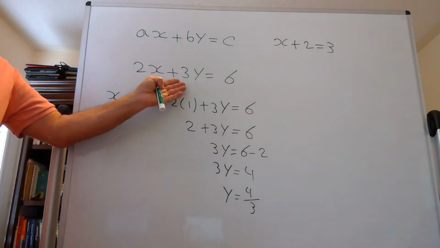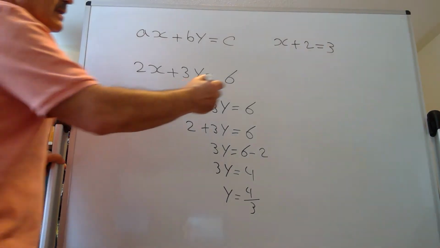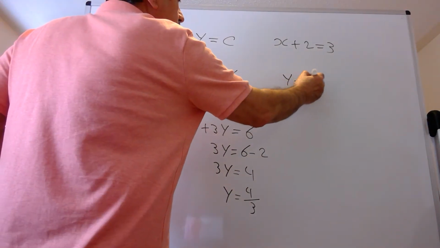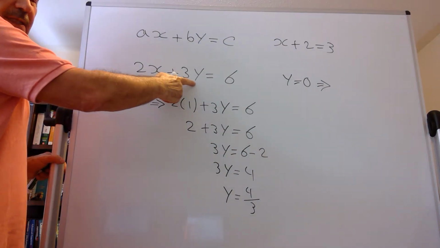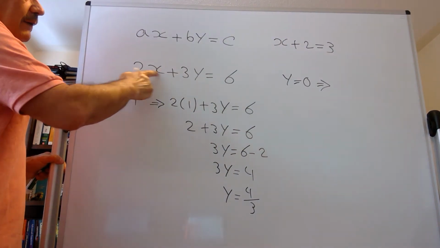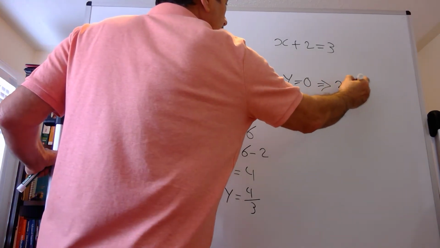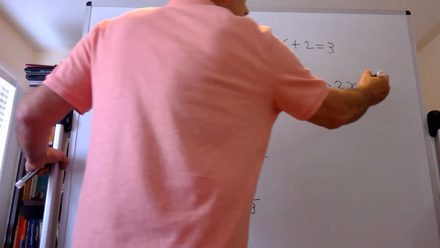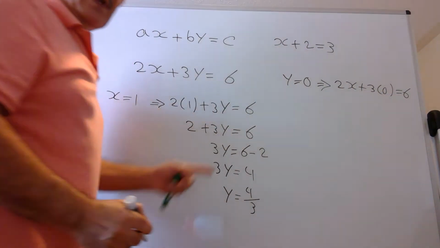Or if I know the value of y, let's say y equals 0, then what is going to happen? 3 times 0 is 0. Let me do it step by step. 2x plus 3y, with y as 0, equals 6.